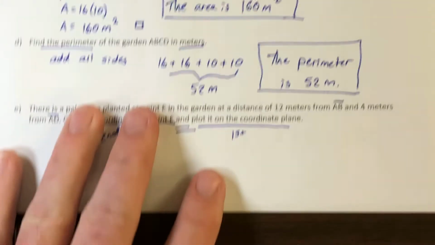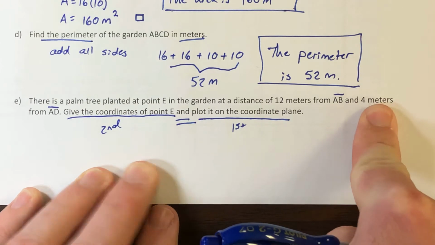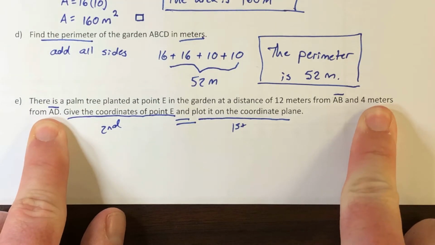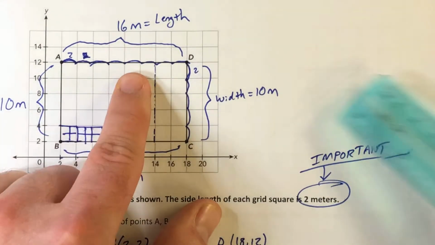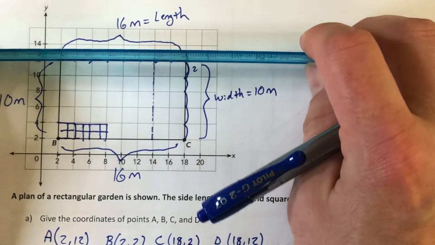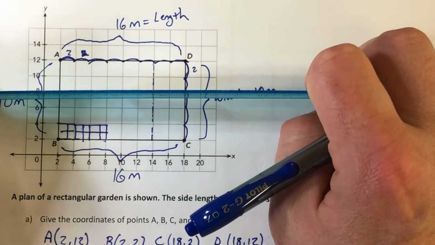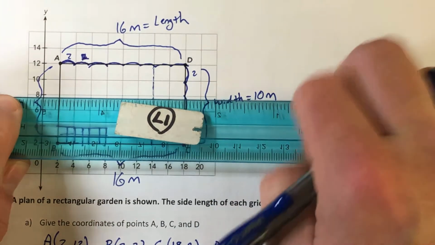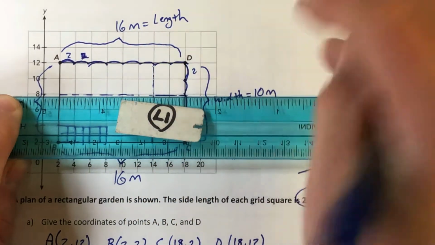Next, it's also 4 meters from line AD. So 4 meters from line AD. Line AD is on the north side of the garden. Don't forget, you're counting by twos. 2 meters, 4 meters. That means that palm tree is somewhere along that line.